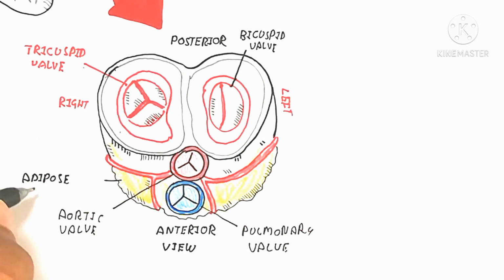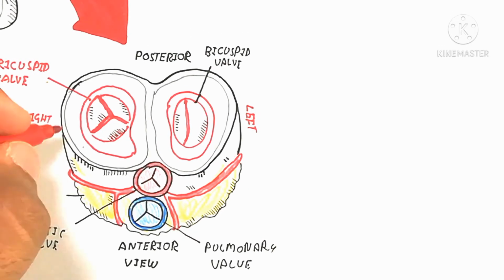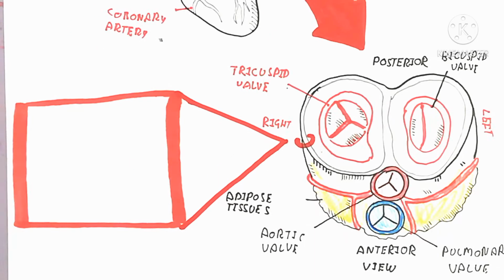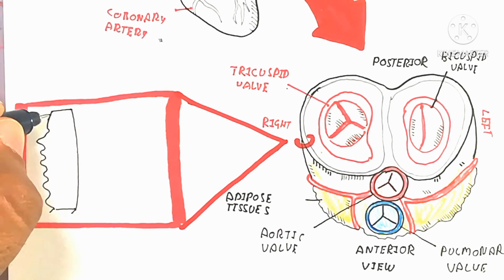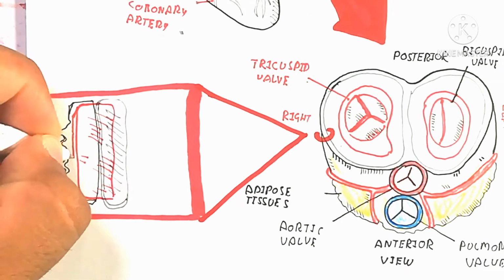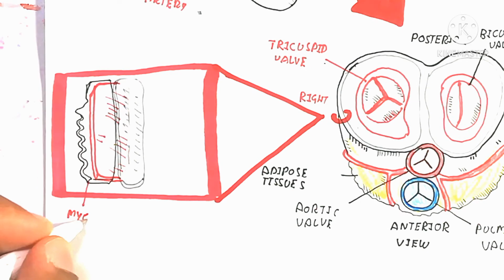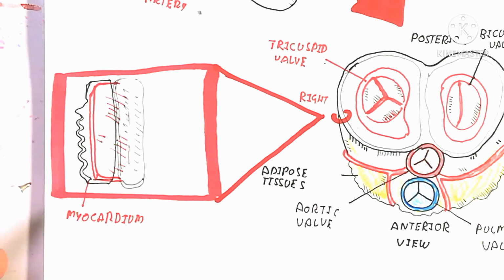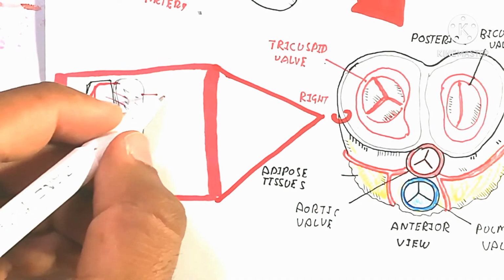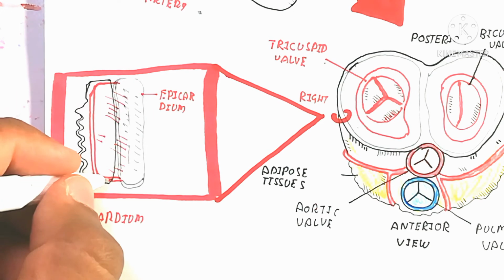So it is important to know that the cross section area should look like this. I just want to share this diagram. Here the outer covering is known as the epicardium, and then the myocardium as well as the endocardium. Basically the epicardium, pericardium and myocardium.